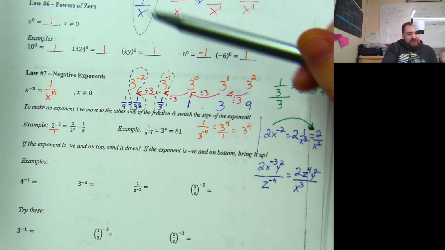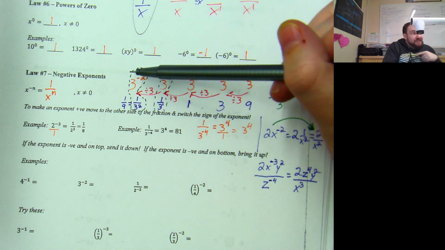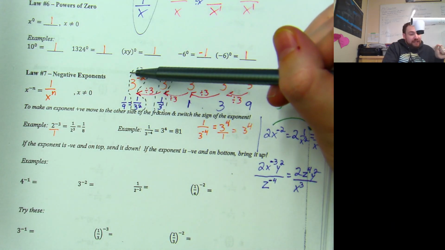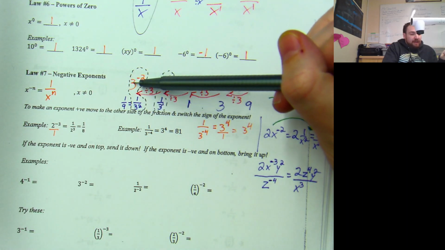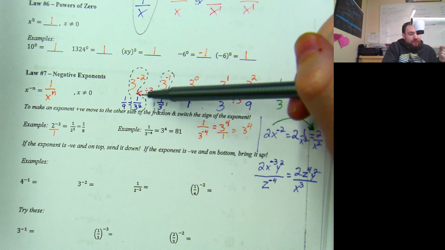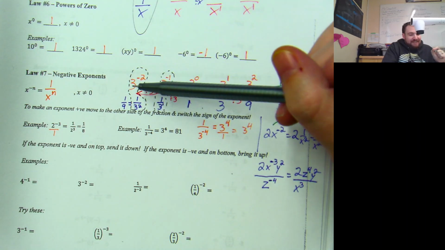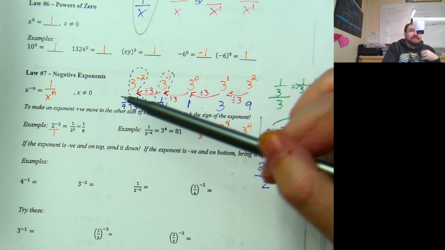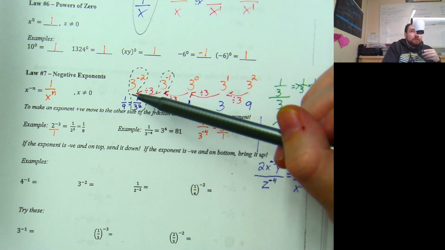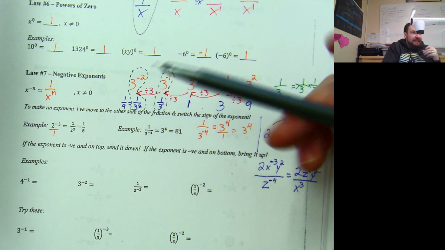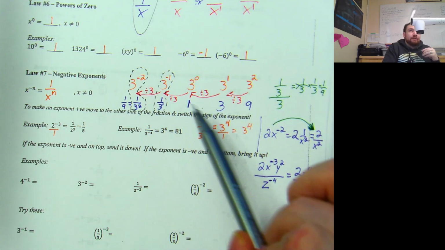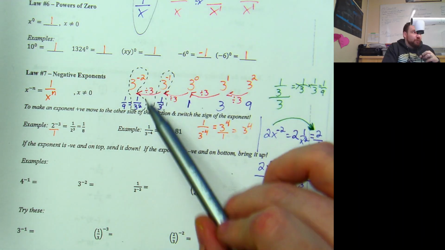And then what I wanted you to see was that there must be a relationship between 3 to the negative 2 and 1 over 3 to the positive 2. And the shortcut that exists, if this is true, and it is because there was no illegal math going on here, this must be true.